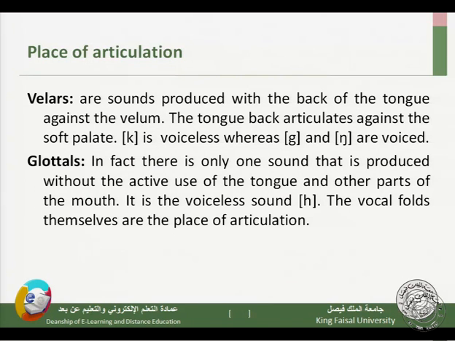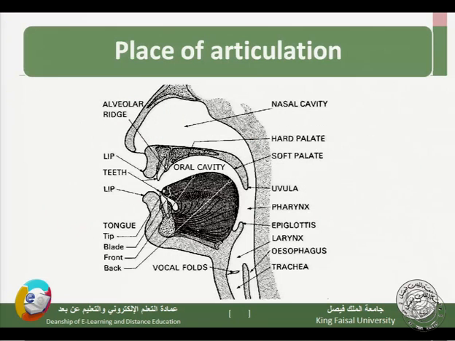They are sounds produced with the back of the tongue against the velum. The tongue back articulates against the soft palate, which is the last part of the palate. So the palate can be divided into three: the alveolar ridge, the hard palate, and the soft palate.